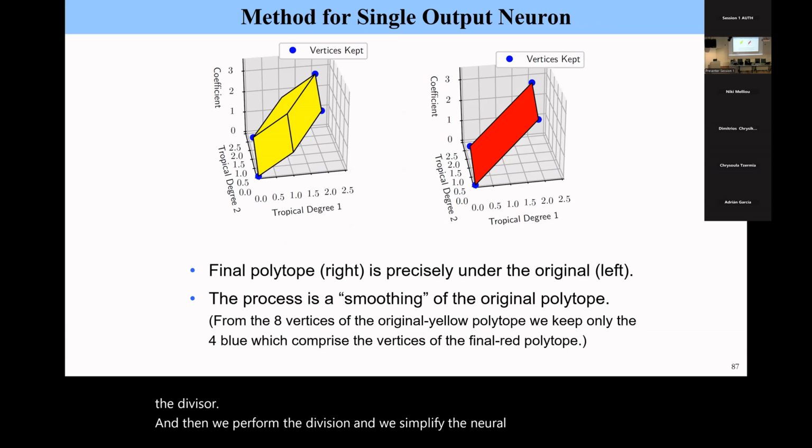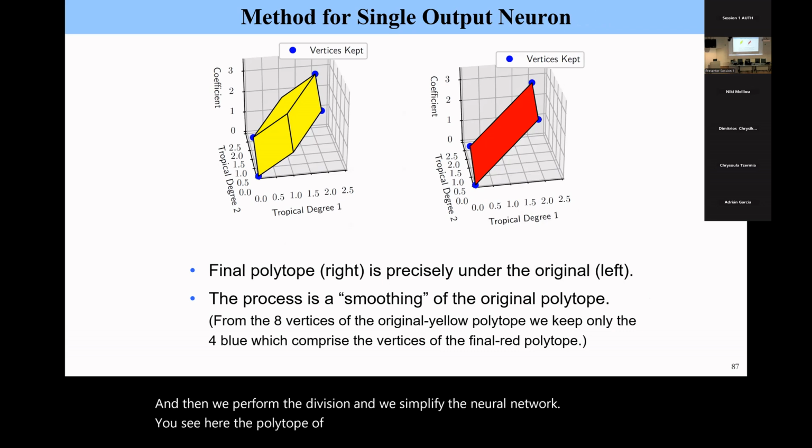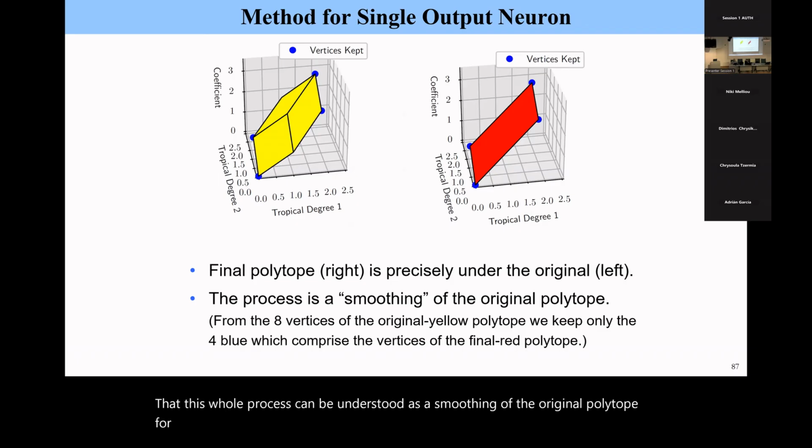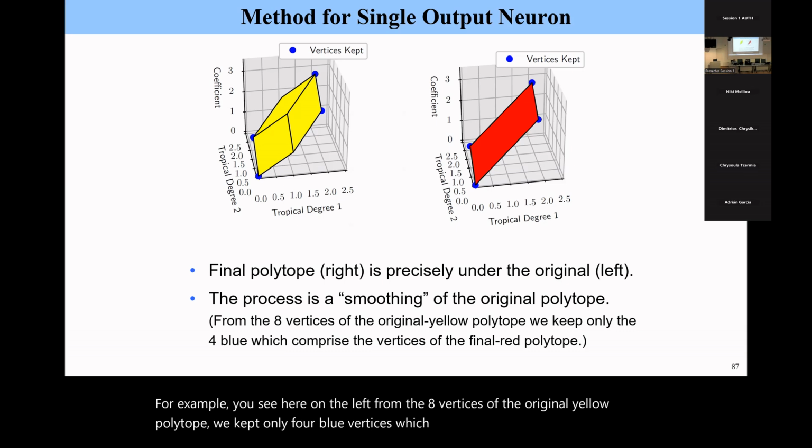You see here the polytope of the single output neuron in yellow being simplified and giving us a simpler neuron as output in red. This whole process can be understood as a smoothing of the original polytope. For example, you see here on the left, from the 8 vertices of the original yellow polytope, we kept only 4 blue vertices which comprise the vertices of the final red polytope.